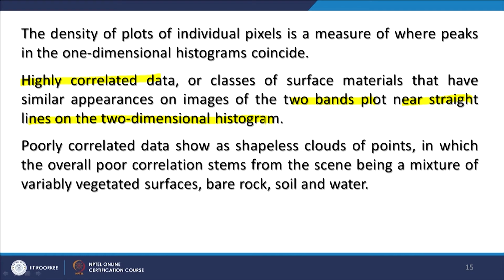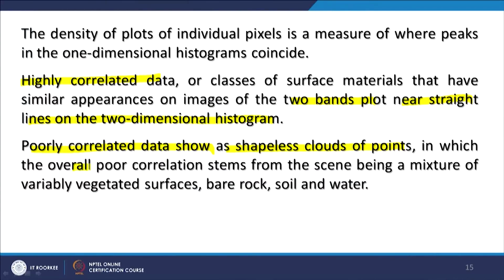Whereas poorly correlated data show as shapeless clouds of points, with no linear distribution of pixel values in the two-dimensional histogram. This overall poor correlation stems from the scene being a mixture of variably vegetated surface, bare rock, soil and water, as in the example you have seen earlier.